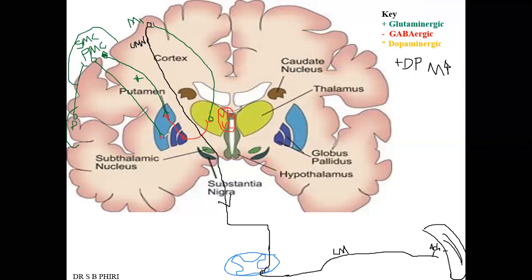So it's red because it's going to release GABA. It's projecting to the external globus pallidus. From the external globus pallidus, you also have another inhibitory neuron that is projecting now to the subthalamic nucleus.